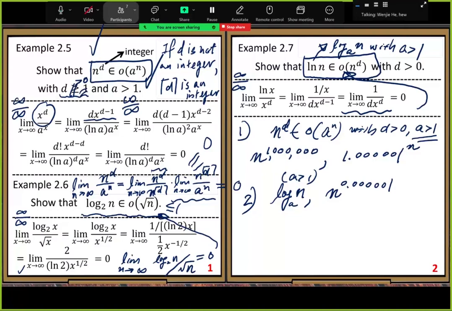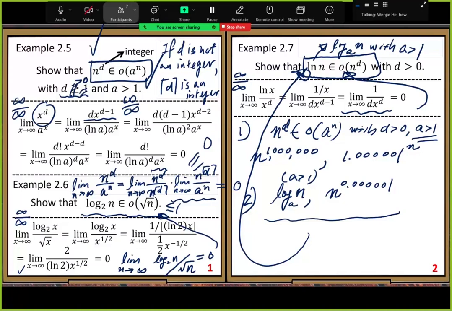Think about that. So when you compare these two functions, you need to connect to the result of our example 2.7. These two questions you need to answer in the coming homework assignment next week.